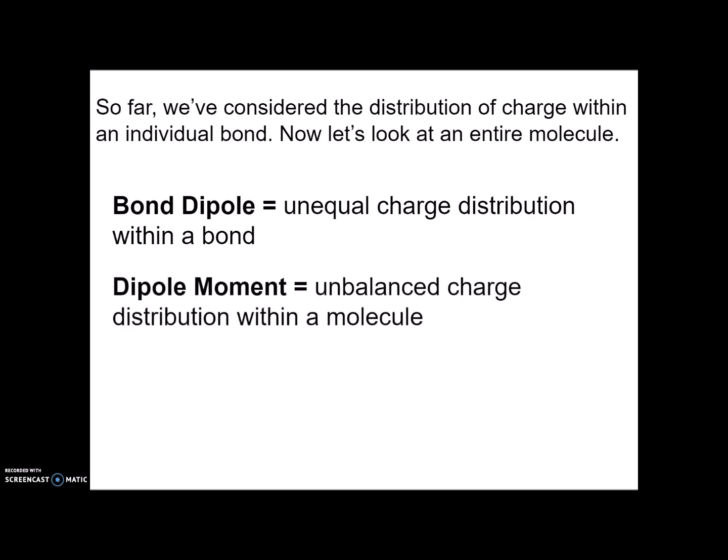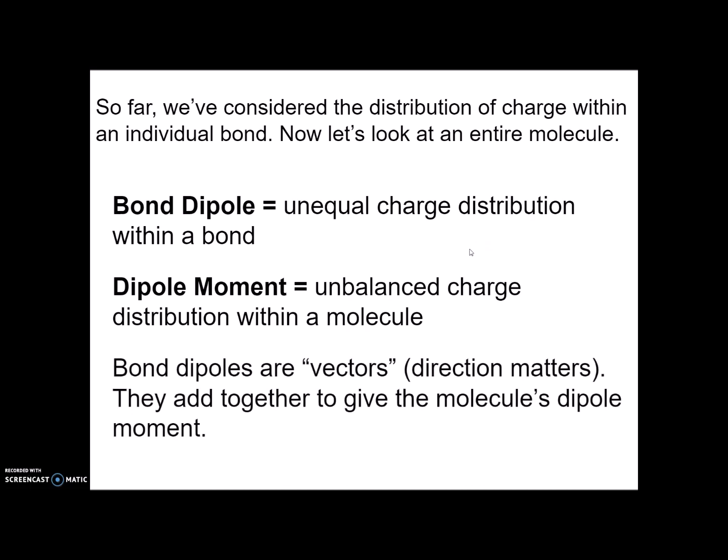And we're going to give the term dipole moment to refer to unbalanced charge distribution within an entire molecule. So we're looking at collections of atoms, more than two atoms, with a dipole moment, and just two atoms with a bond dipole.